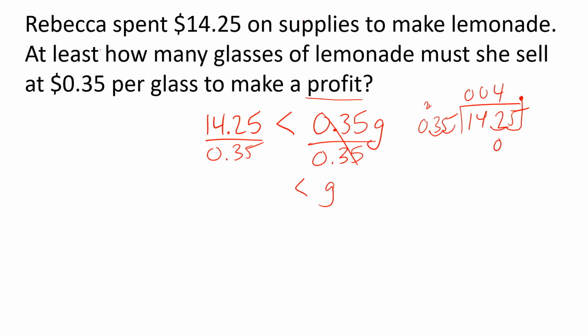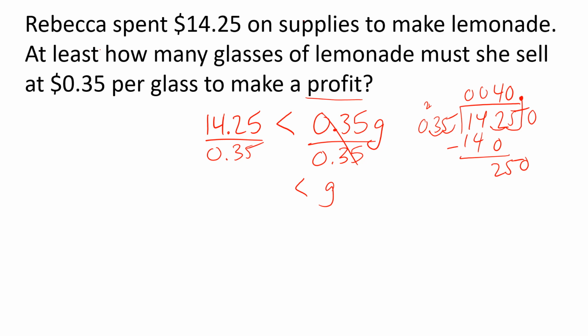12, 13, 14, 140. Yay, 25. That does not go into 25, so make it 250. That's going to be like 8 times, I think. That's going to be more than 8.